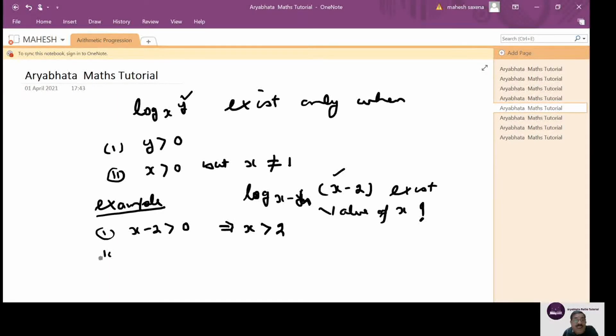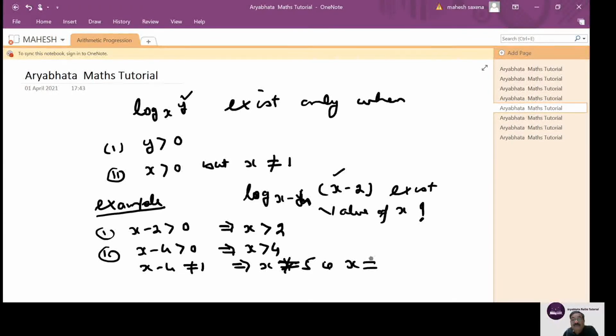Therefore, x minus 4 should be greater than 0. Implies that x is greater than 4. x minus 4 should not be 1, which implies that x should not be 5. That is, x cannot be 5.